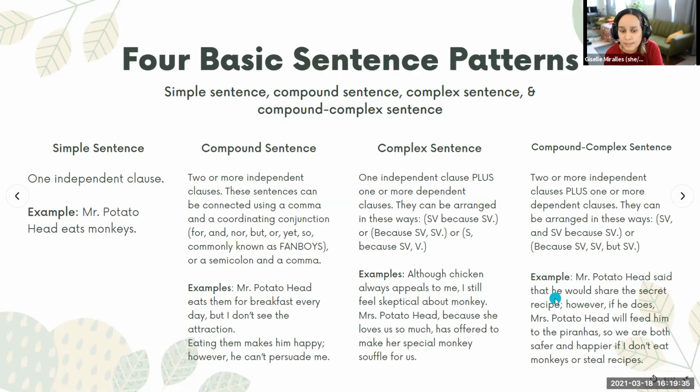"Mr. Potato Head said that he would share the secret recipe." This one would be considered a complete sentence. Therefore, it is an independent clause. It does not need anything to stand with it. You could easily put a period here and then have this as its own thing, but this writer chose to connect the two with a semicolon and "however."